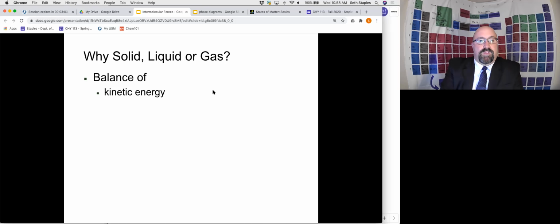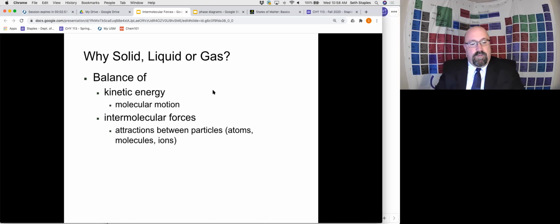It turns out, and we're going to look at these in more detail, that whether something is a solid, liquid, or a gas is a balance between the kinetic energy, the motion of the particles, how much energy the particles have, versus the intermolecular forces, which are the attractions holding the molecules together.